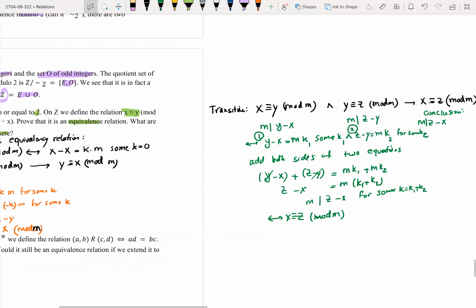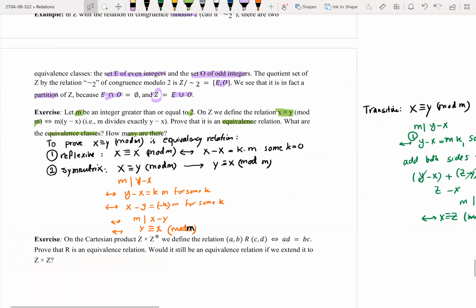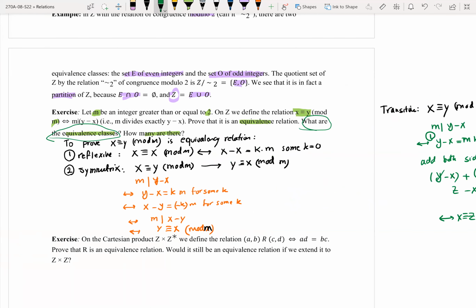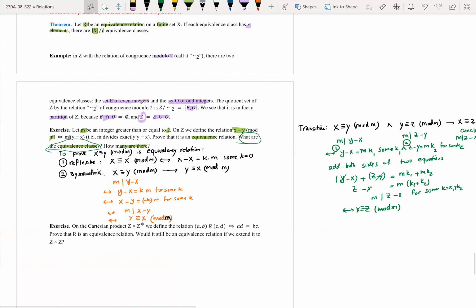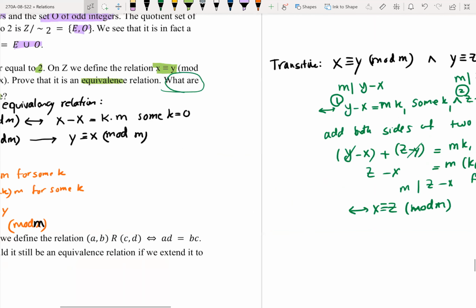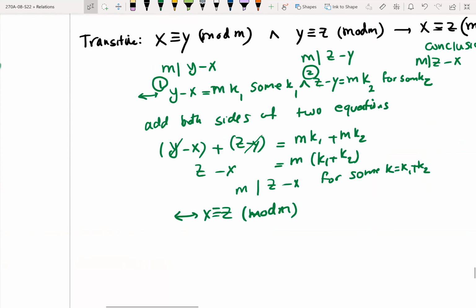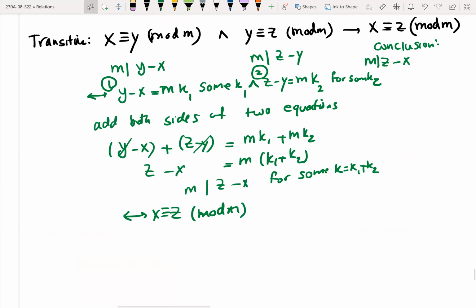Then the next part of the question: what is the class of equivalency? I can just write it down over here. Because we have done mod 2 and mod 6, we know what it is, right? So what's the class of equivalency for 0?